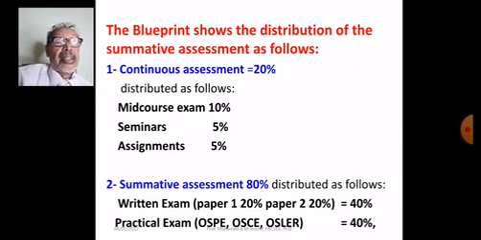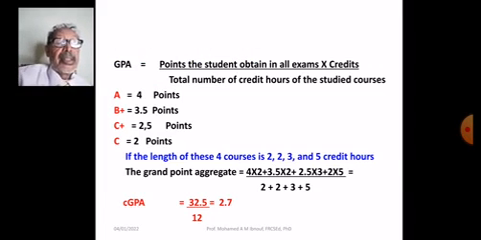And here we just give an example for the newcomer teachers: in the blueprint, the continuous assessment is 20%, while the summative assessment is 80%. Continuous assessment is composed of mid-course examination 10%, seminars 5%, assignment 5%, maybe also logbooks and these things, and summative assessment is 40%. The written part, paper 1 and paper 2, 40%, and the practical OSPE, OSCE, or OSLER, 40%.